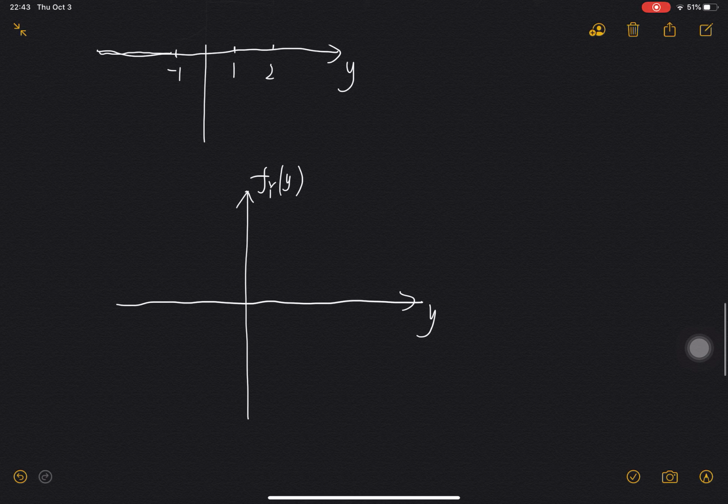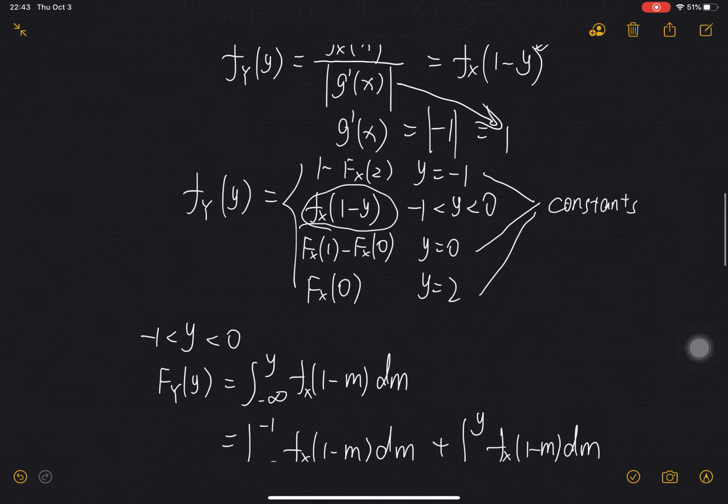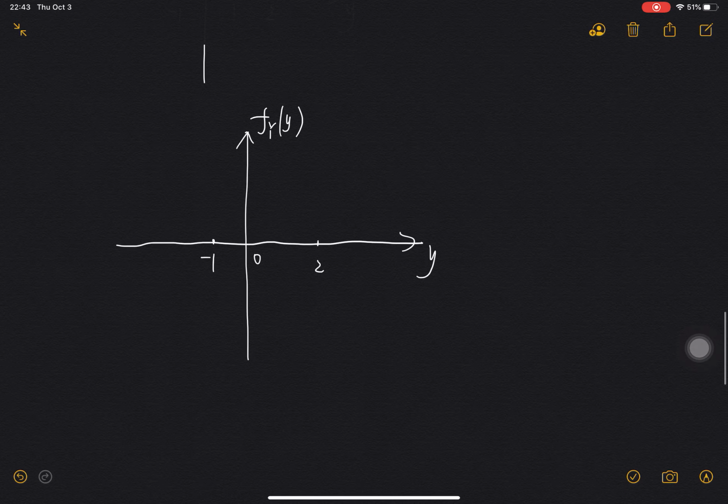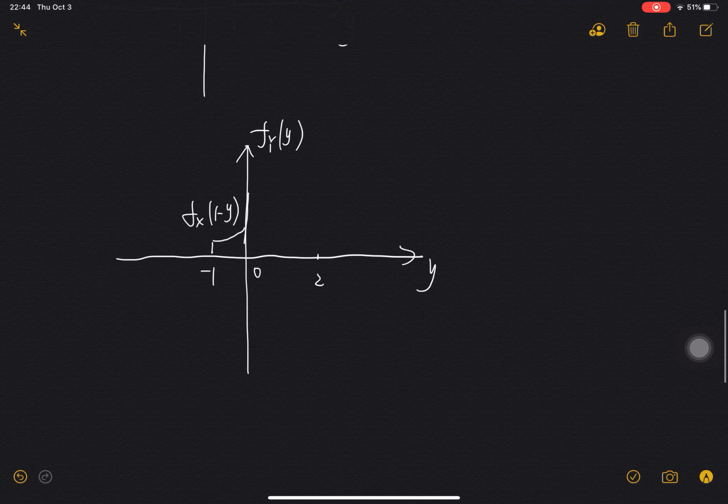So let's make some points. This is 2. This is minus 1. And when y is between minus 1 and 0, we have it like this. Like this. And when y equals 0, there is a value right here. And when y equals 2, there is also a value right here.